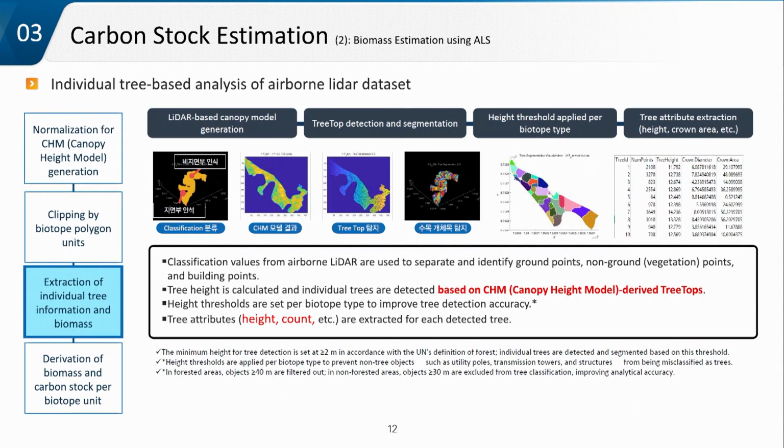And next, we had to estimate the number of individual trees and their heights by detecting tree tops. We know there are a lot of uncertainties, especially in deciduous trees and in irregular shaped trees like this.